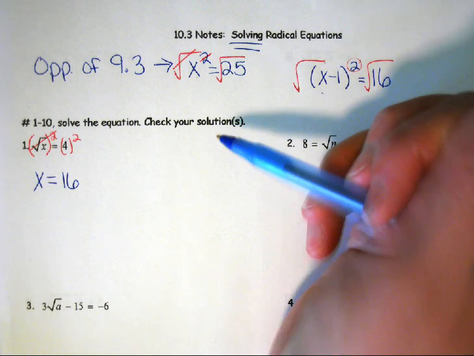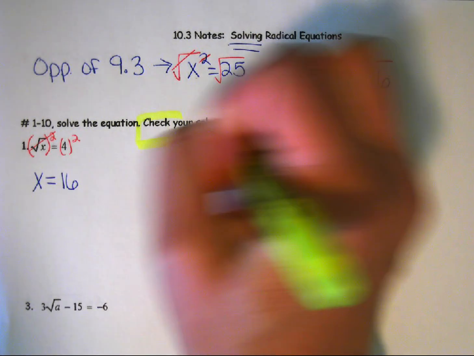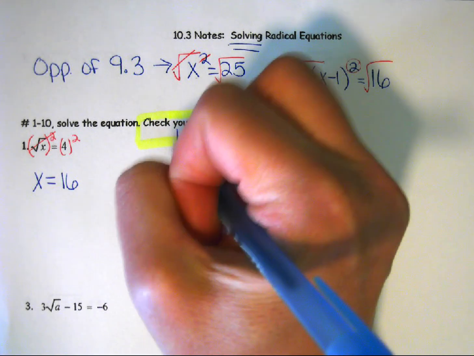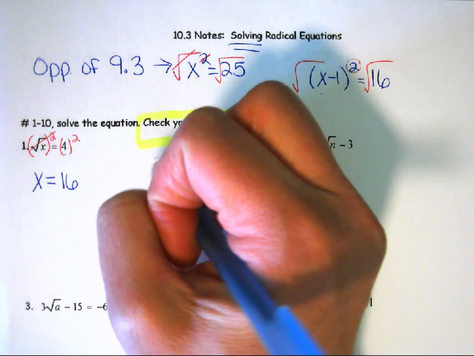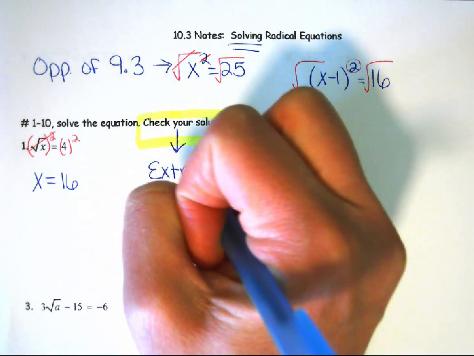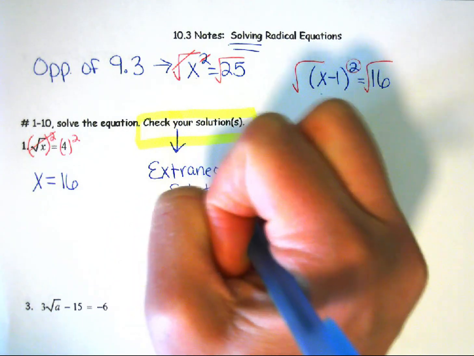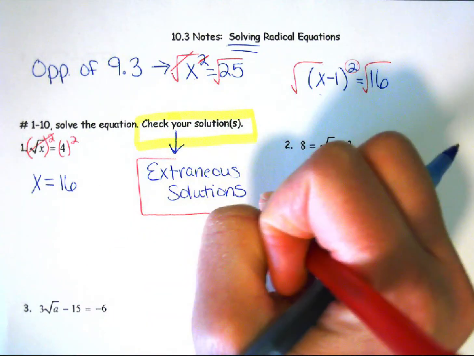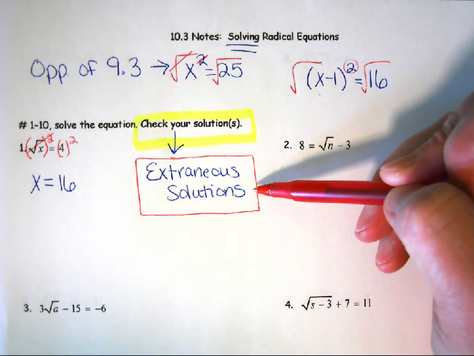If you do notice, though, in the directions there's a piece right here that says check your solution. You're going to need to really watch this because in this lesson, we have what's called extraneous solutions. Now, you don't need to know how to spell that, but an extraneous solution is an answer that looks normal.